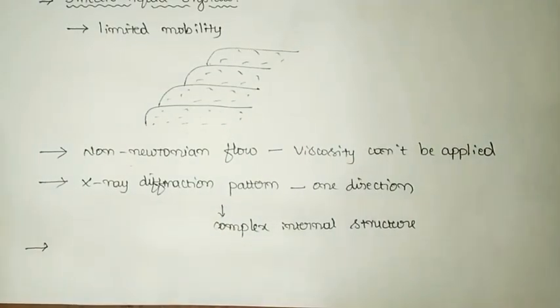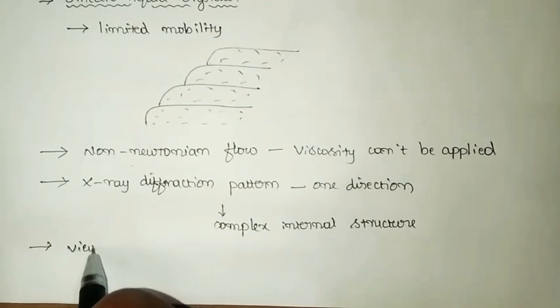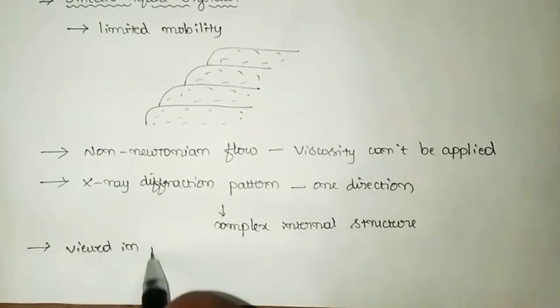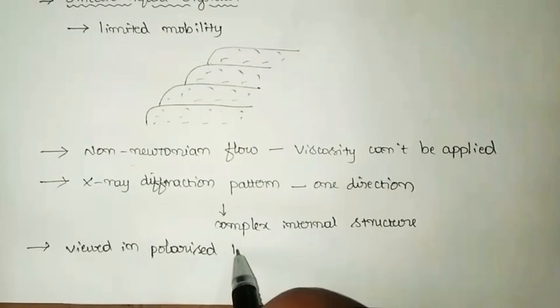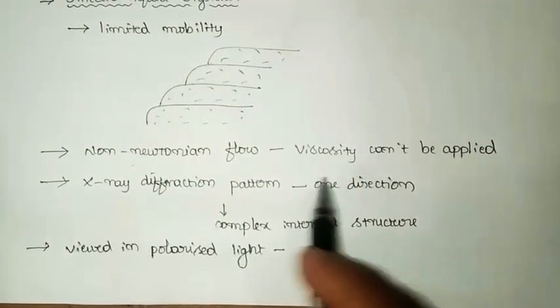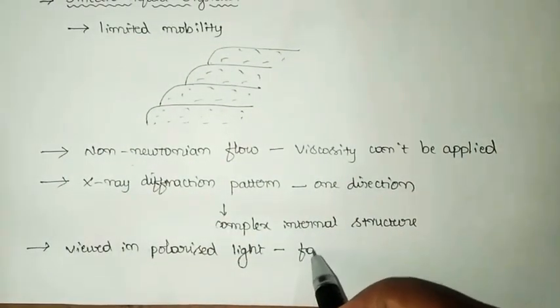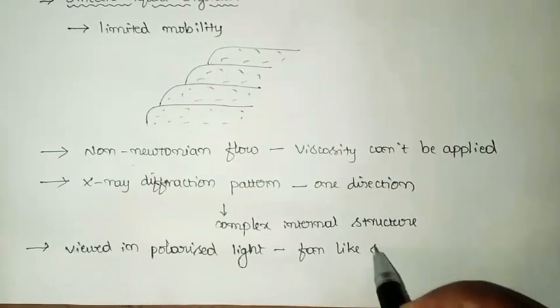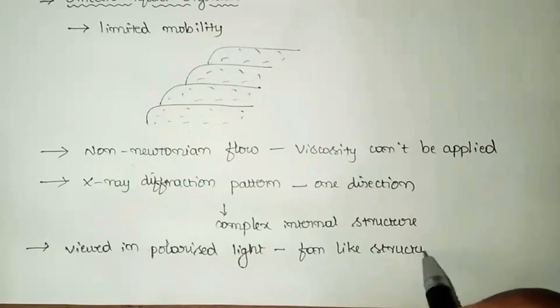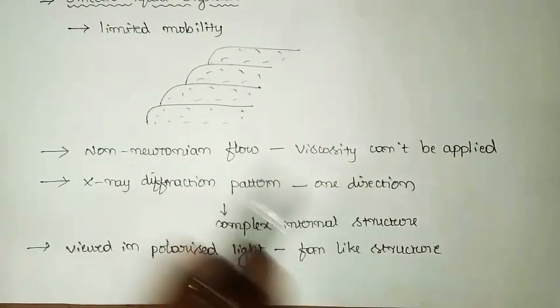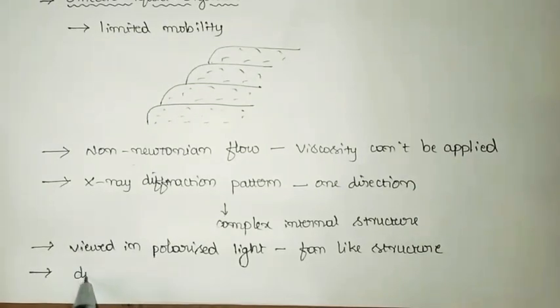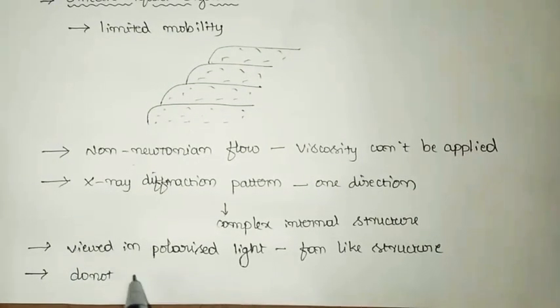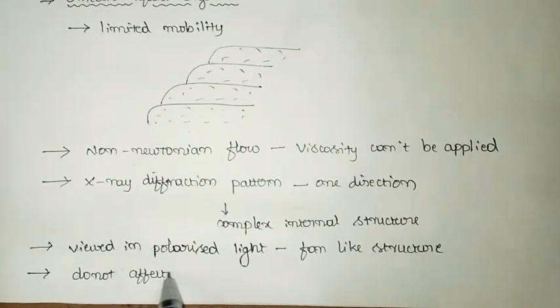When you view a smectic liquid crystal in polarized light, it appears to have a fan-like structure. It is the most important pattern of smectic liquid crystals, which can be used for their identification. These smectic liquid crystals are not affected by the magnetic field.